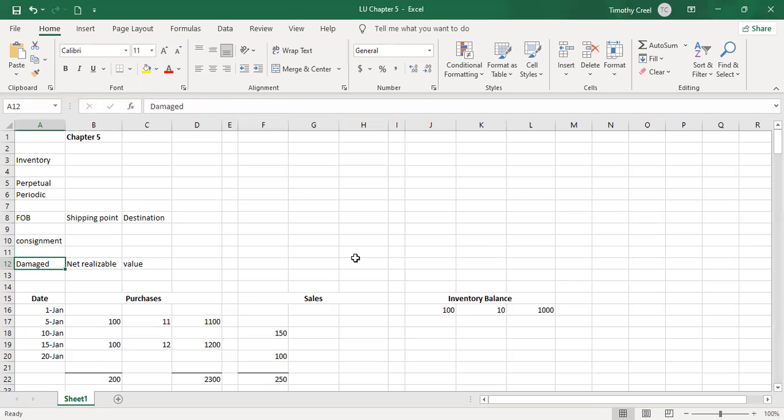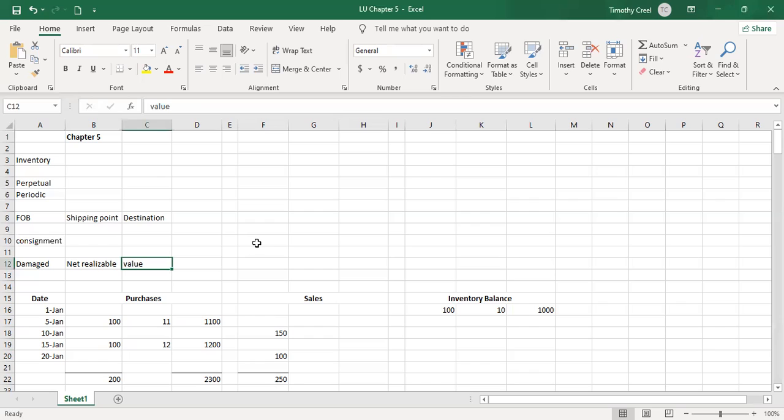Also, one other thing, damaged inventory is basically sold at net realizable value. So what that means is that if inventory is damaged, it's going to be marked down to whatever it's worth. So if someone was selling, let's say a refrigerator, and it was worth about $1,000, they were going to sell it for $1,000.